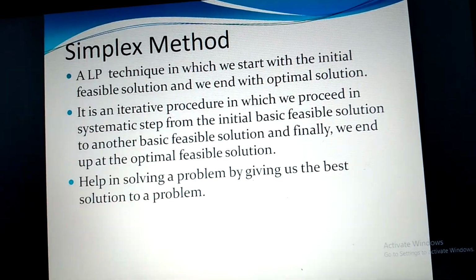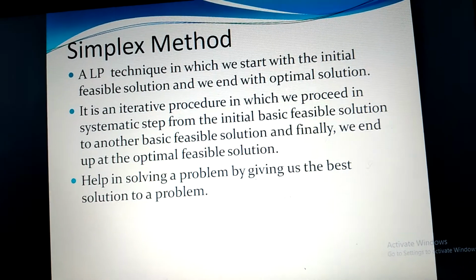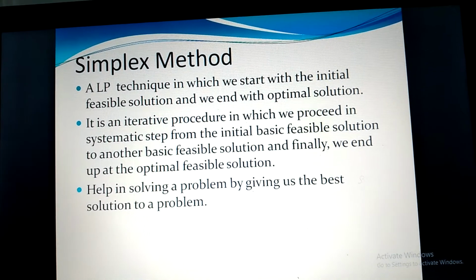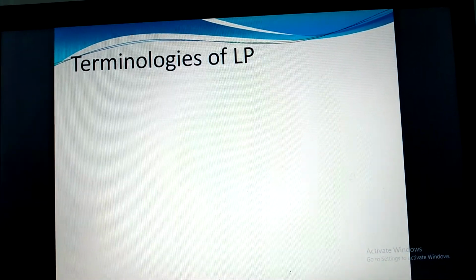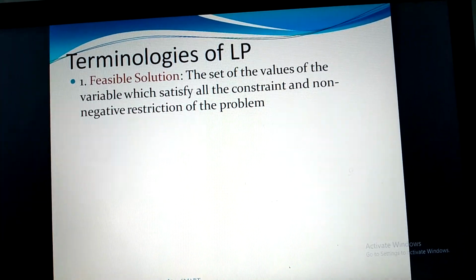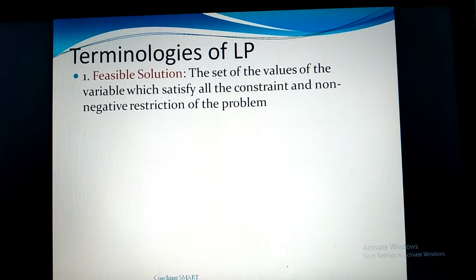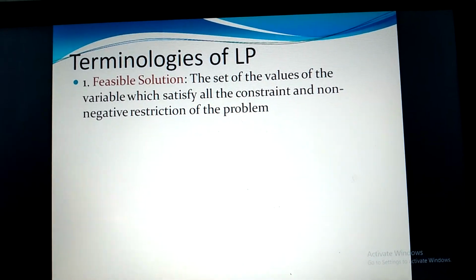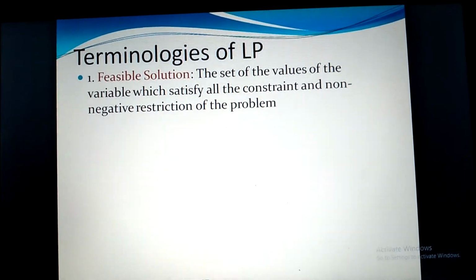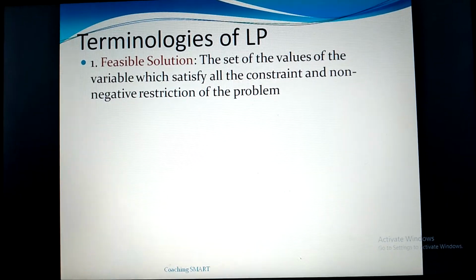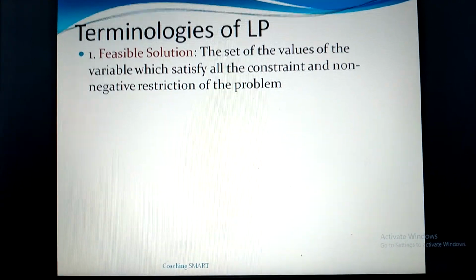Anything simplex means complex. Anything ending with X is an indication of complexity. Terminologies. Number one is feasible solution, the set of values of the variables which satisfy all constraints and the non-negative restriction of the problem.